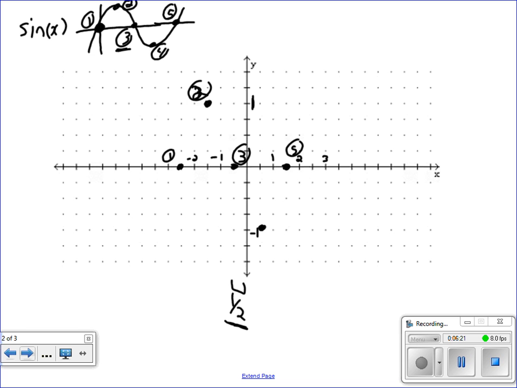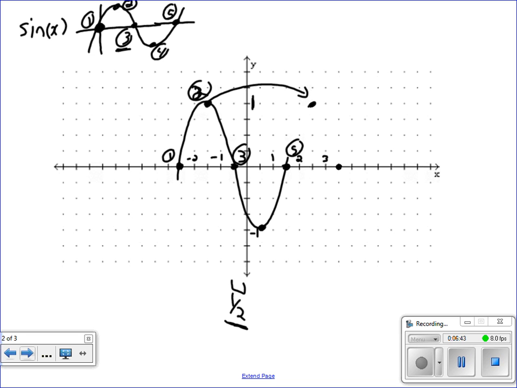In order to graph, we just draw the graph that bounces up and down between all these special points. But we know our graph starts repeating itself after point number 5, so then the next point would be point number 2 extended over to here. And so then we have a point up at +1.